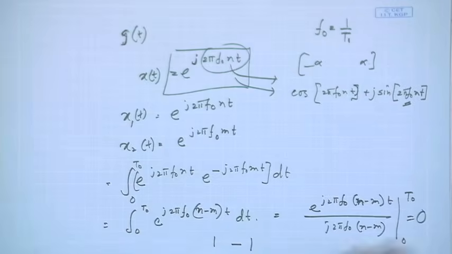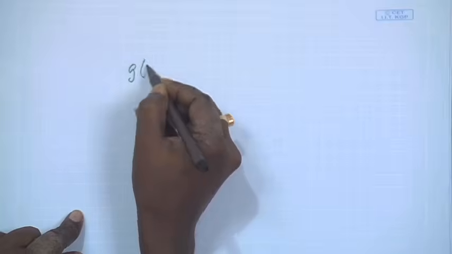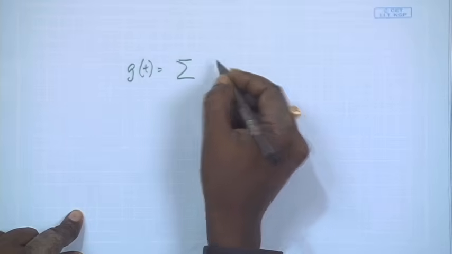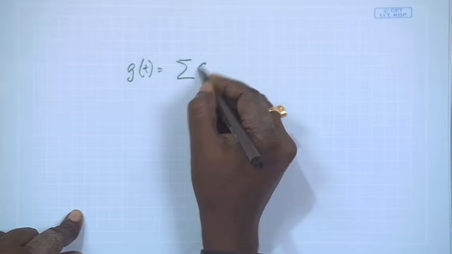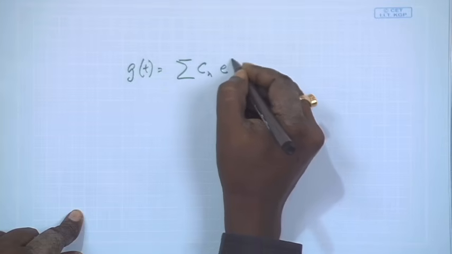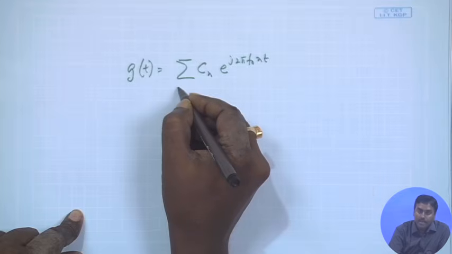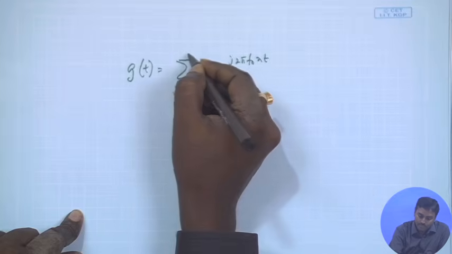As long as we take that to be true, we know that this x(t) can be represented with respect to these. So now it is very simple. All we have to do is say g(t) must be a summation of some coefficient Cn times e to the power j 2 pi f0 nt, with n going from minus infinity to plus infinity.